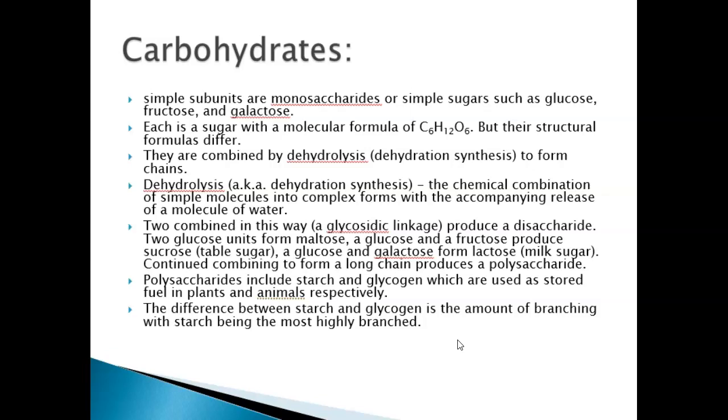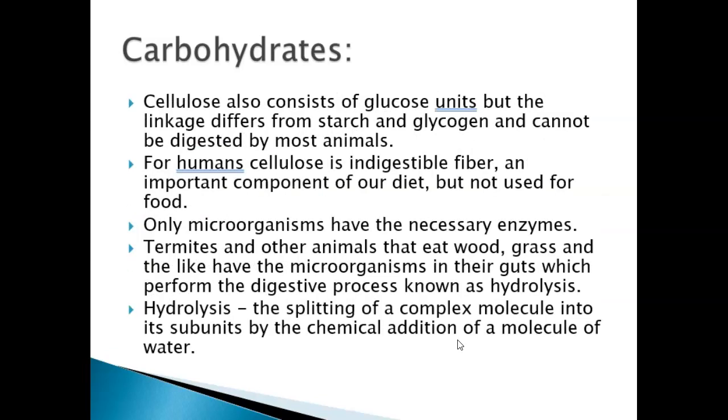Now, polysaccharides can also be structural, for building things. In plants, that's cellulose, and in insects and fungi, it's known as chitin. Cellulose is a structural polysaccharide, and because of how it's put together, you and I can't digest it.